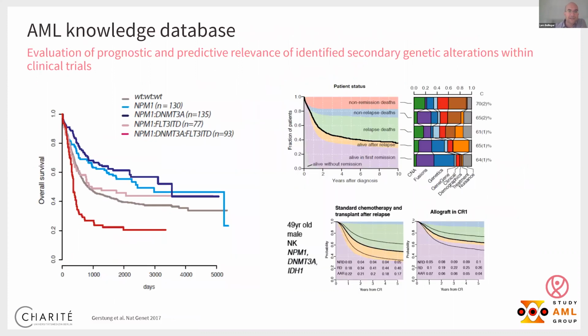And when we did some initial outcome analysis together with Moritz Gastum on that data, you also can see here that the NPM1 DNMT3A FLT3-ITD mutant cohort is really doing poorly.